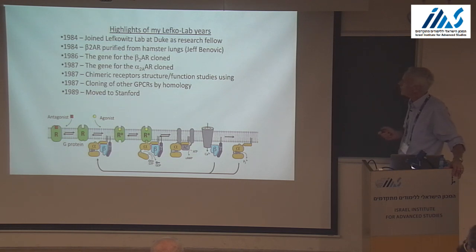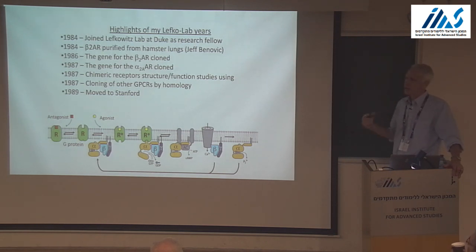So I joined the lab in 1984, having never met Bob. I visited Duke twice. He wasn't there either time. But nevertheless, I decided to join his lab. It was at a time where Bob's lab, I don't actually remember how many people, you probably don't even know how many people. It was in the 30s.